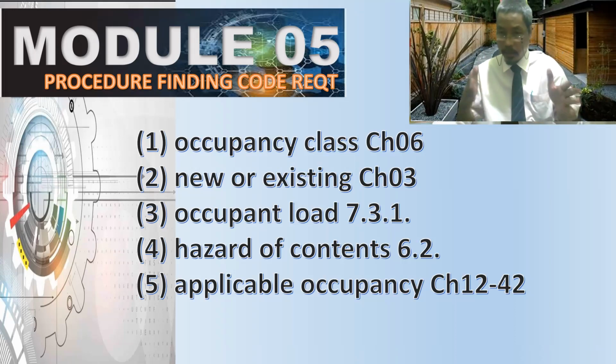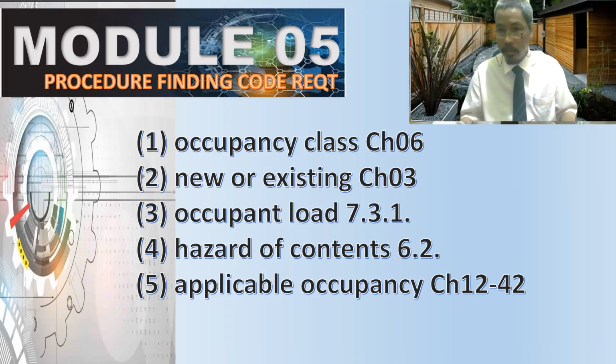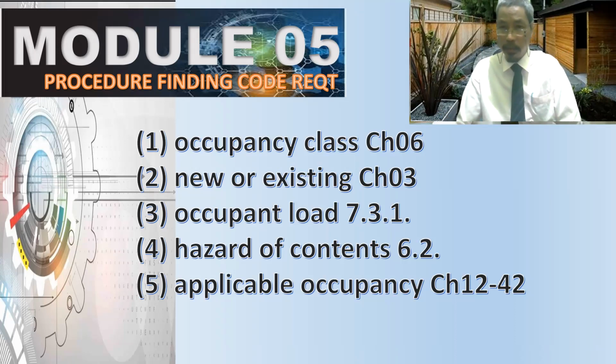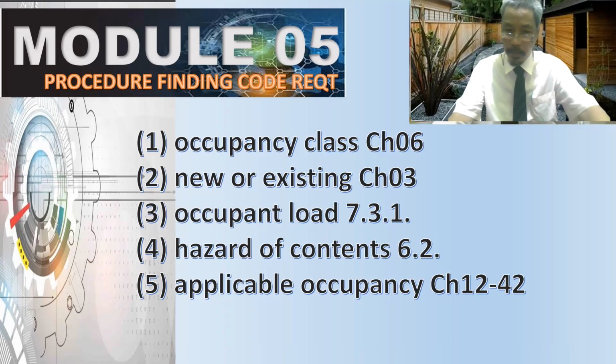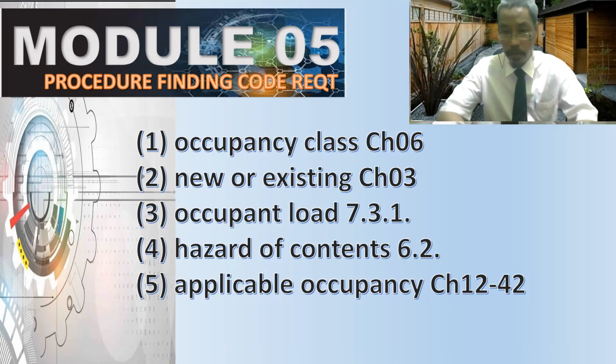So there are modifications, small or big renovations, but still you need to determine in chapter 3 what your application is. So new or existing doesn't necessarily mean the type of building, whether it is a new building or an existing building. No. It depends on the occupancy classification.